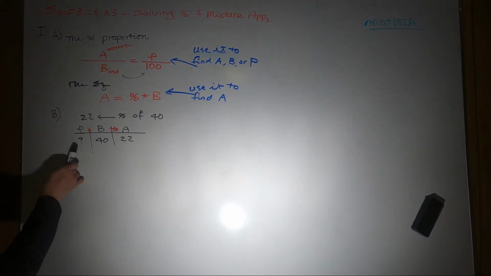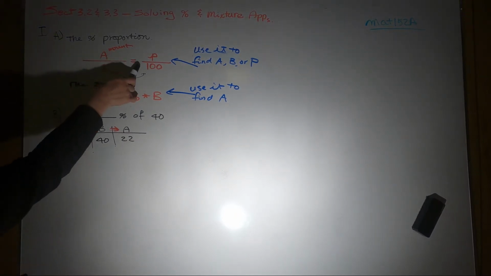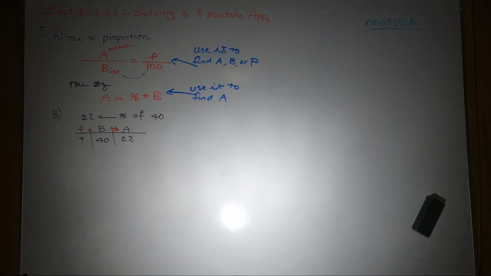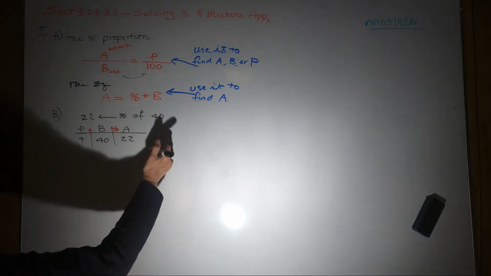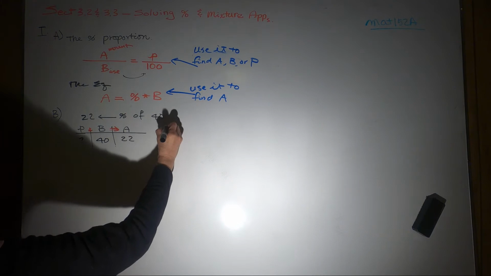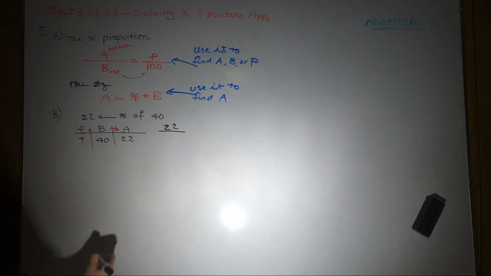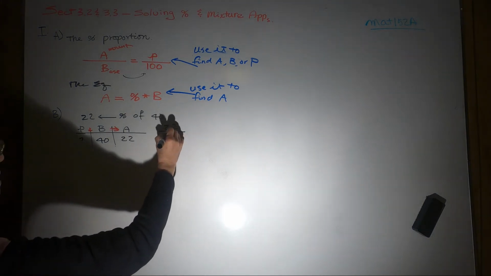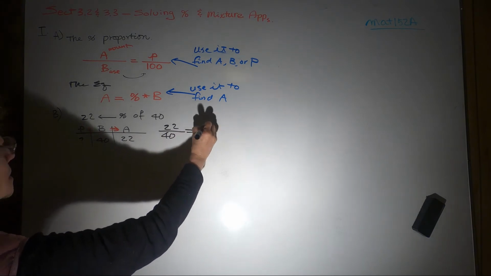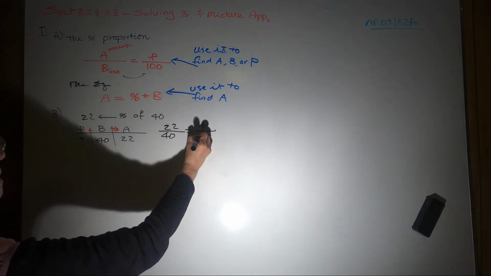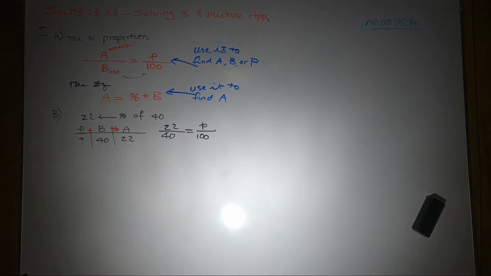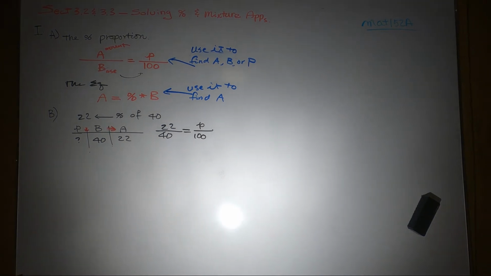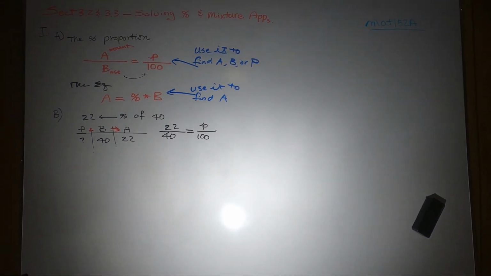So we want to find the percentage. Then it's easier to use the first one. So let's see. Your A is 22, B is 40, then equals, you don't know your P out of 100, right? Then how are you going to find your P?